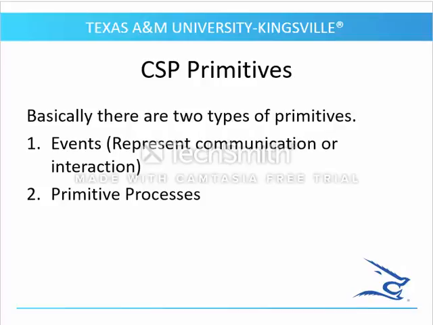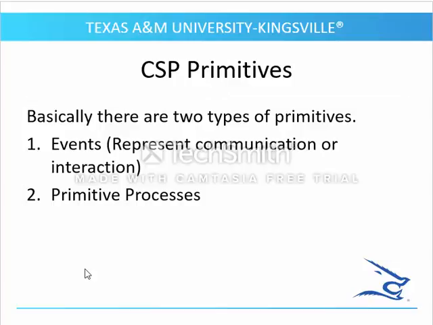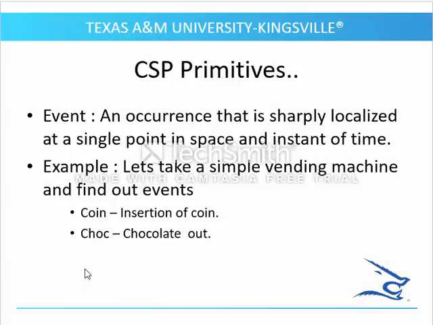Now, what are CSP primitives? Basically, there are two types of primitives: events representing communication or interaction, and primitive processes. To understand the CSP primitives, we need to understand what events are.